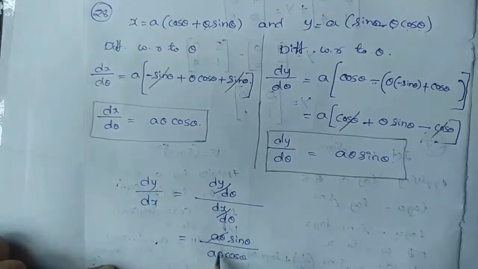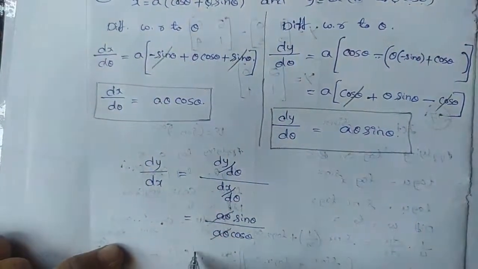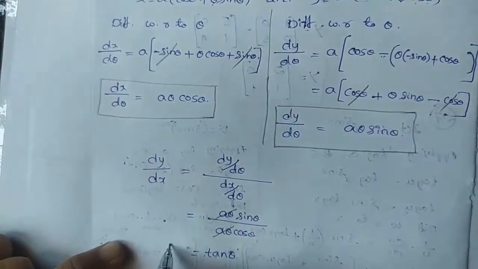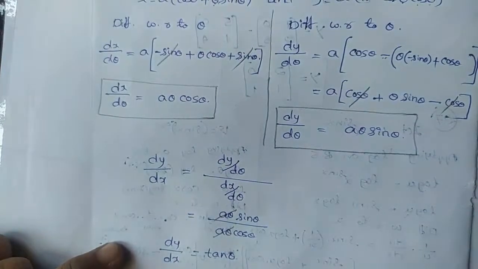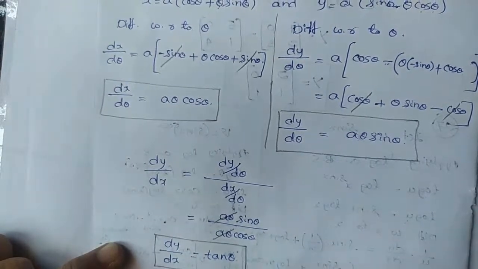So a theta will get cancelled. Sin theta by cos theta is tan theta. Therefore dy by dx is tan theta. Hence it is the solution for this 28th question.